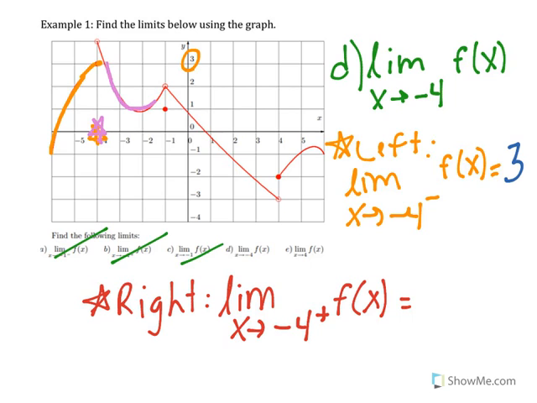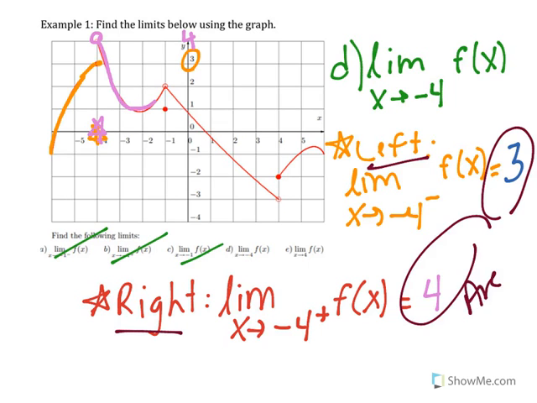And when I get to -4, what y value am I approaching? I'm going to approach my y value of 4. The graph doesn't label it, but it's 4. That is my height. So now I'm going to go back to my original answer. They want the limit of f of x as x approaches -4. You're going to look at the left limit, look at the right limit, and you're going to ask yourself, are they equal?